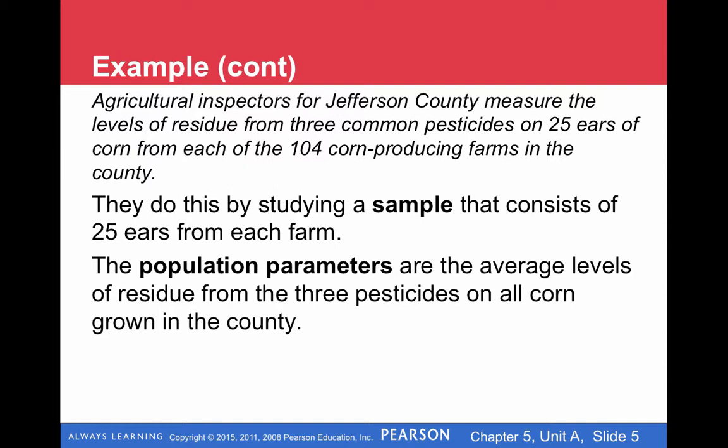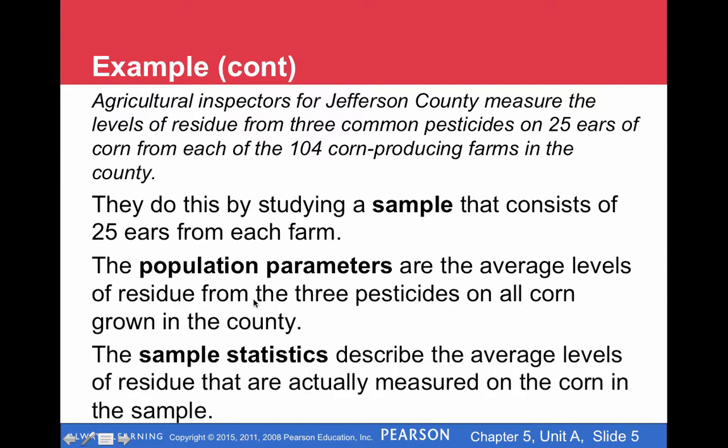And the population parameter that we're trying to figure out, from each ear of corn, is the level of residue. So the population parameter is the average level of residue from the 3 pesticides on all corn grown in the country. And in order to do that, the statistic that we collect is the average from the 25 ears of corn from the sample.